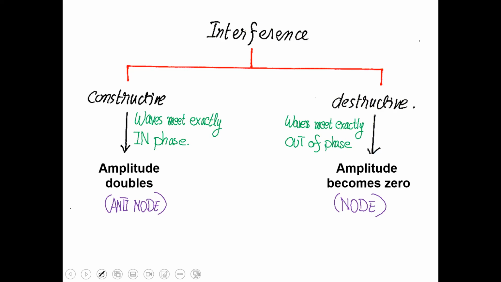For destructive, waves meet exactly out of phase. A very important sheet to be remembered: if they are meeting in this way, the antinode and node will be formed on constructive and destructive interference respectively. So please absorb this sheet.